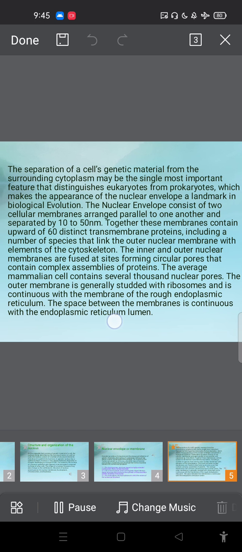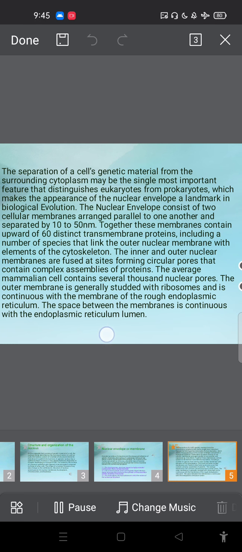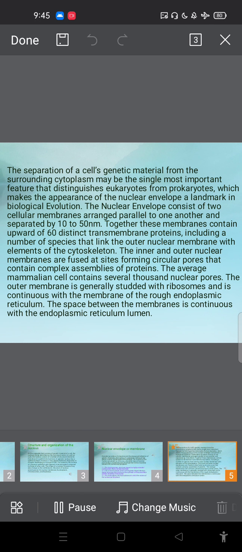The separation of a cell's genetic material from the surrounding cytoplasm may be the single most important feature that distinguishes eukaryotes from prokaryotes, which makes the appearance of the nuclear envelope a landmark in biological evolution.